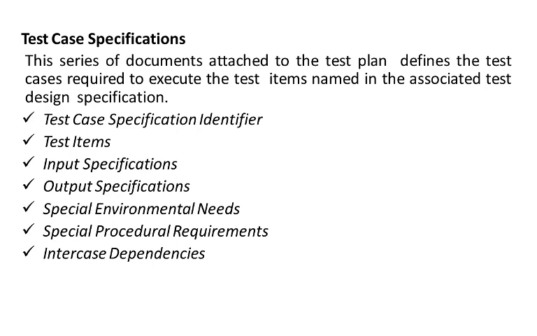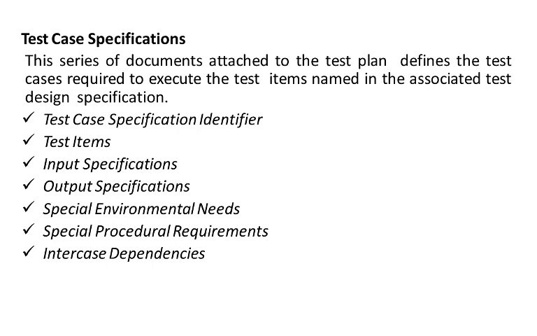The output specification is necessary to determine whether the item has passed or failed the test. The next component is special environmental needs. Any specific hardware or hardware configuration needed to execute the test case should be identified in this component. Then special procedural requirements: this component describes any special conditions or constraints that apply to the test procedures associated with the test. The next component is intercase dependencies.